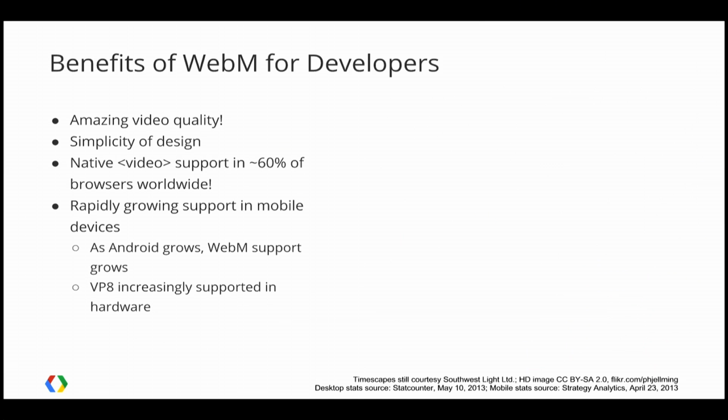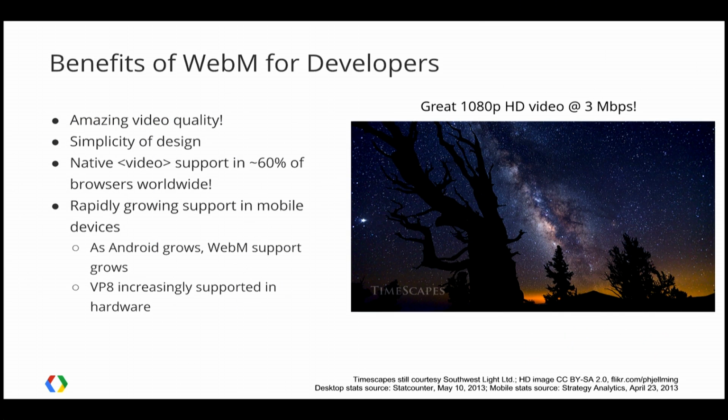So, benefits for developers. Why would a developer want to use WebM? Well, more than anything, of course, is the video quality. The VP8 codec was developed by a small company called On2 Technologies, where Frank and I came from. Google acquired On2 in 2010 and open sourced VP8 for the world.